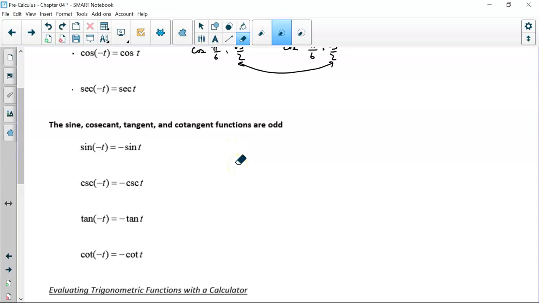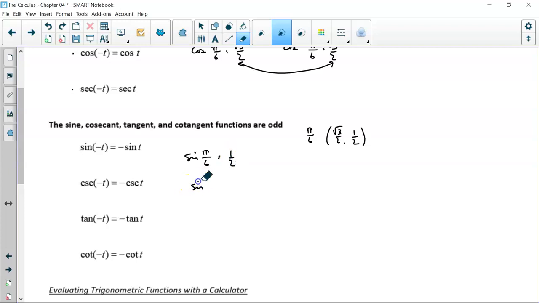So we're looking for the sine of pi over 6. Remember, for our pi over 6, we're going to be at root 3 over 2, 1/2. So the sine of pi over 6 equals the y, 1/2.